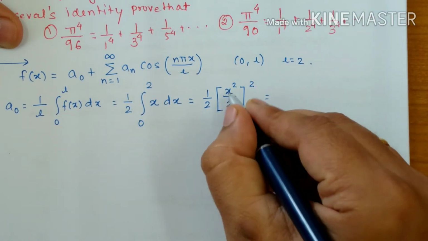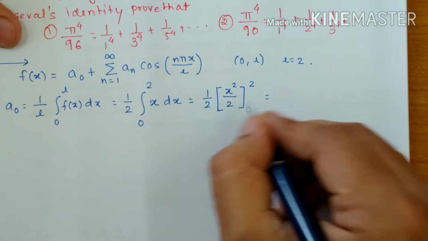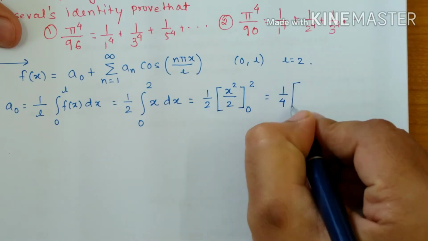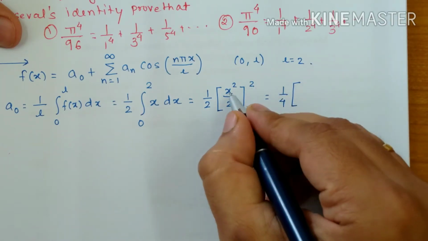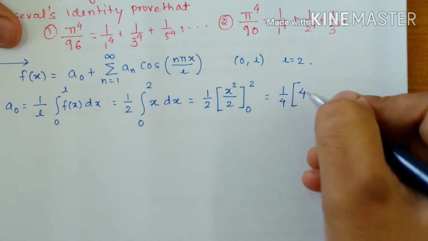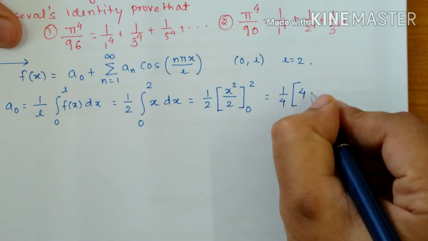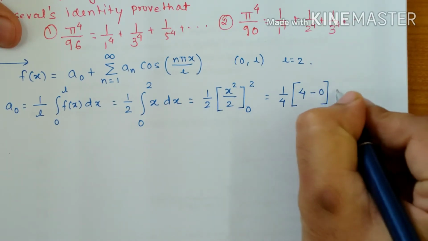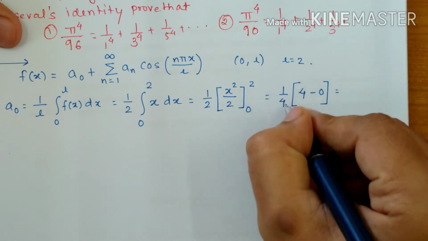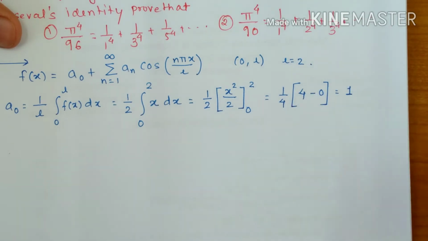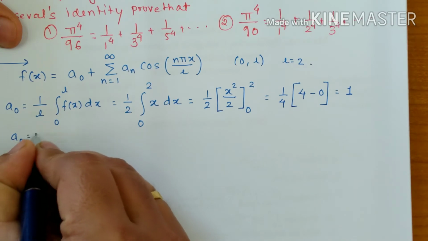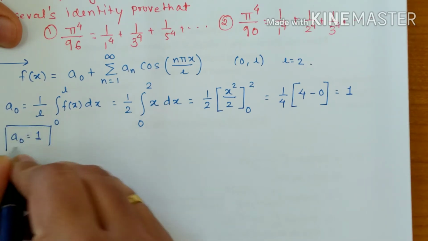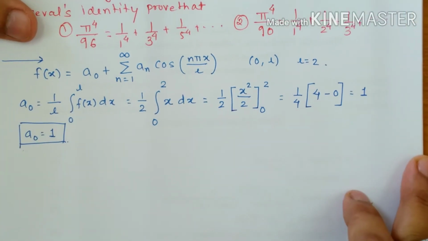So now one can take 1 by 2 outside, so 1 by 2 into 1 by 2 becomes 1 by 4. For the upper limit 2, we have 2 square, that is 4, and for the lower limit it is 0. So 4 minus 0 is 4, and 1 by 4 into 4 gives us 1. So what is the value of a0 here? a0 is 1. Are you clear with this?